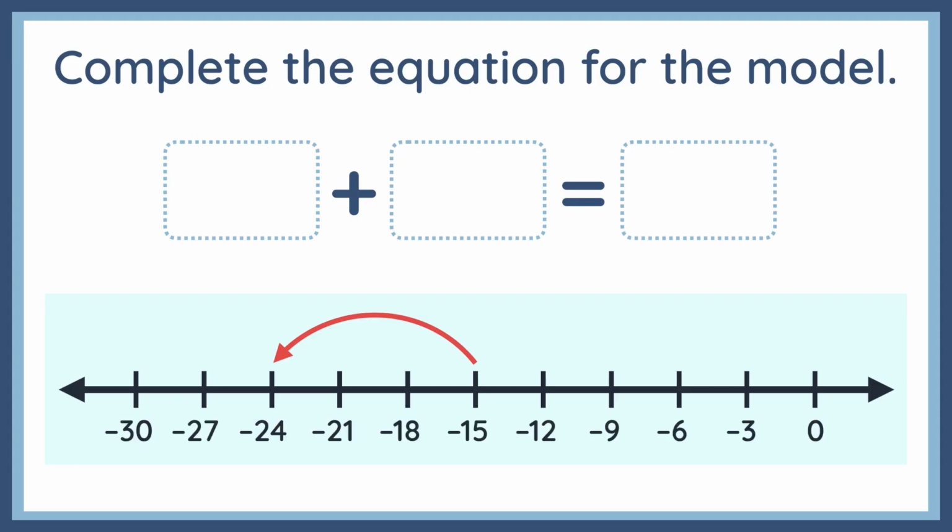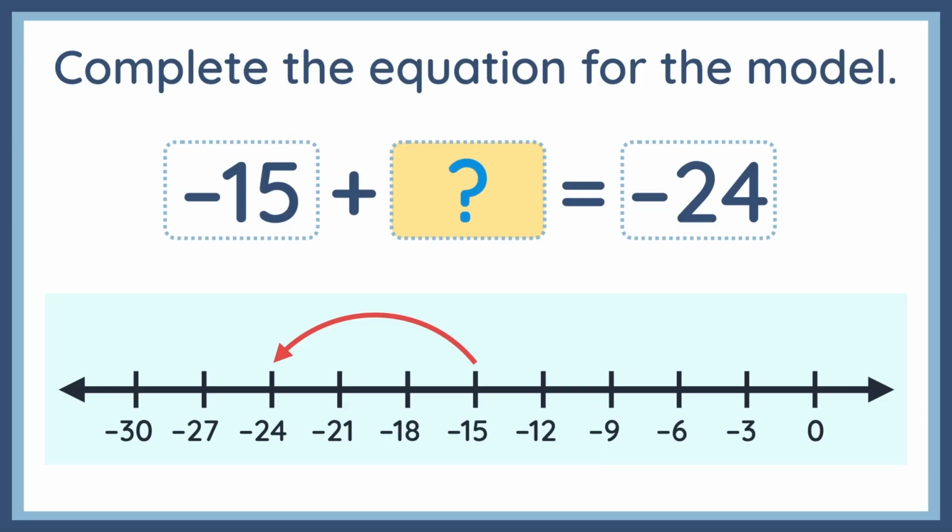To start, we can see the arrow begins at negative 15. So we know that negative 15 is the integer we start with. Next, we can see that the arrow lands on negative 24. This means negative 24 is the sum. Now we need to figure out what number we will add to negative 15 to get a sum of negative 24.